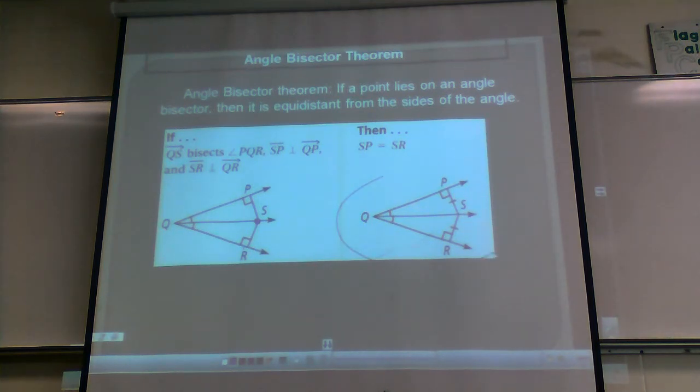Now, what this is actually doing, guys, is the distance from a point to a line. When you do the distance from a point to a line, you have to create a right angle. That right angle being right there is extremely important here. On the problems when you deal with these, if that right angle is not there, they're not doing the exact distance from this point to a line.